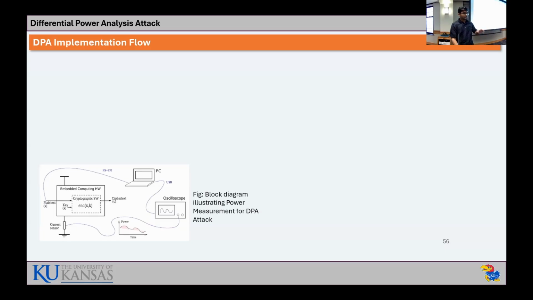For example, suppose you have given 1, 0, 1, and in the output you get 1, 1, 1. What is your Hamming weight here? 1, 1, 1, so 3, right? Or for Hamming distance, it is 1, 0, 1, and it changed to 1, 1, 1, so the Hamming distance is 1. So you will have simulated Hamming models with you.